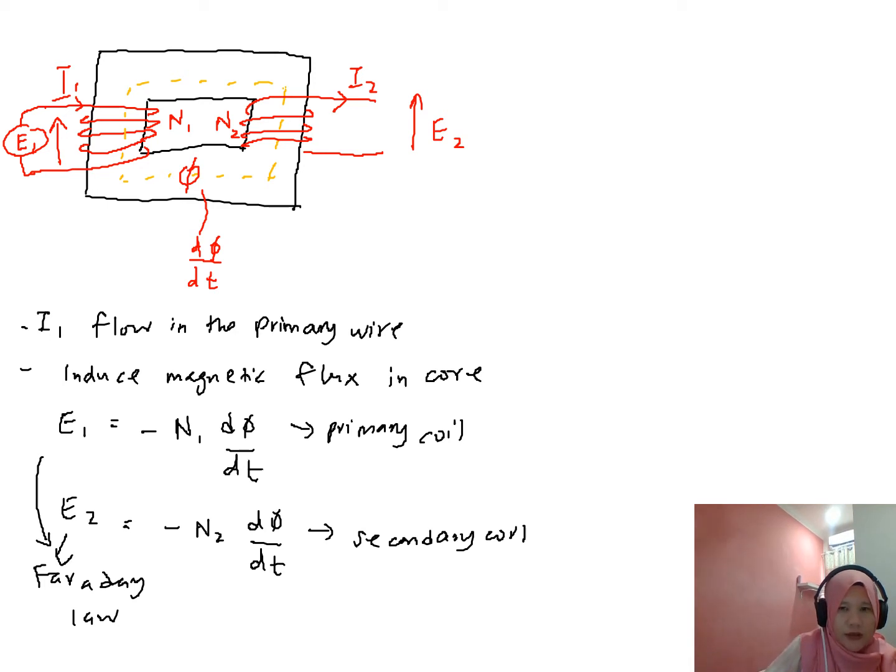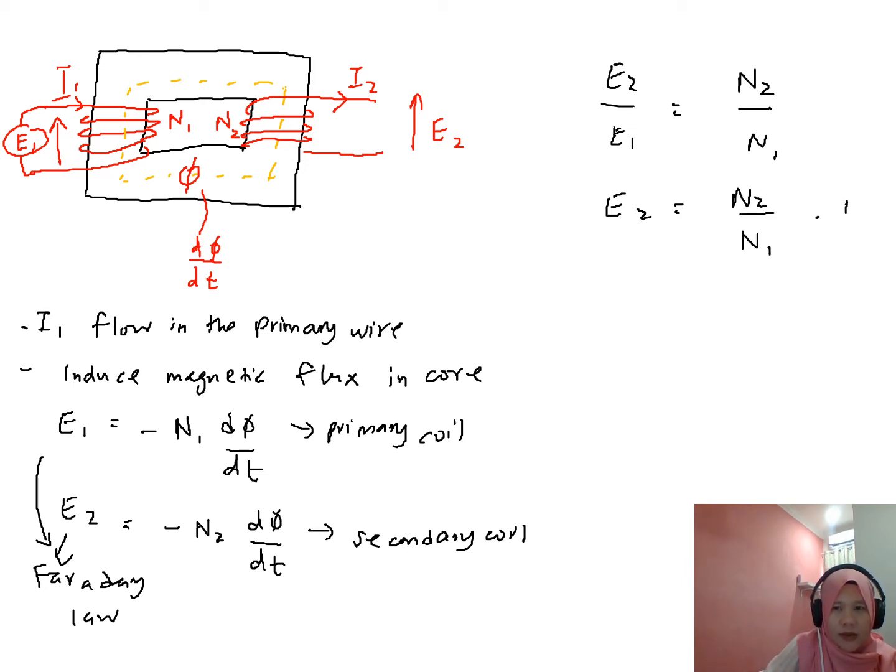Okay, so this is based on Faraday's law. And from here we obtain E2 over E1 is equal to N2 over N1, and from this equation we can write E2 is equal to N2 divided by N1 multiplied with E1.